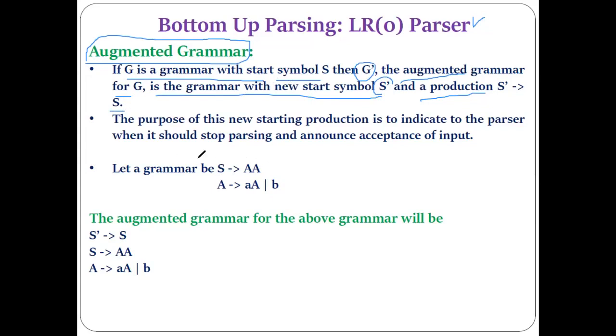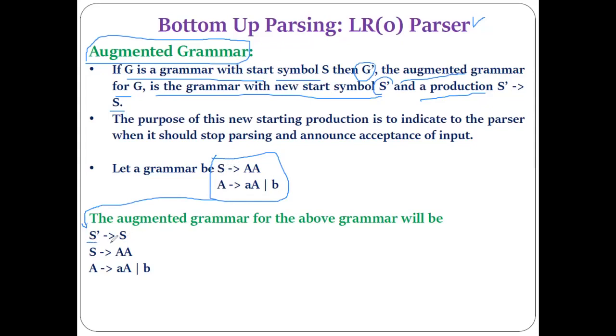Suppose this is the grammar we have been given. This is the original grammar: S derives AA, and A derives B. Now, we can generate the augmented grammar for this original grammar like this. What you have to do is introduce a new non-terminal by referring to the starting symbol S. So here we have introduced the new non-terminal S dash.